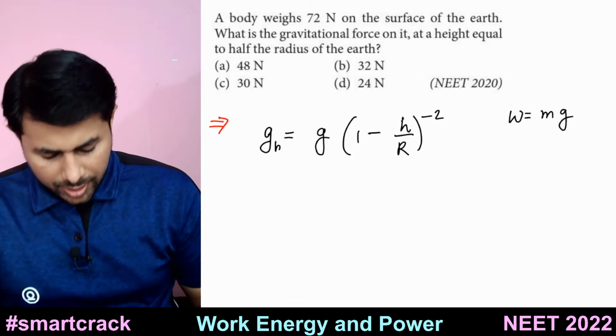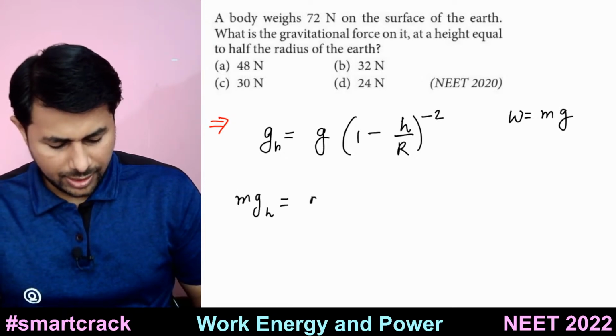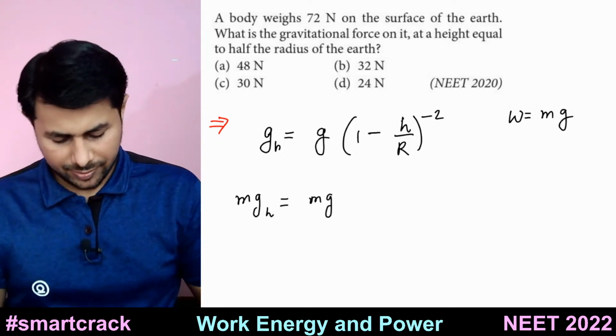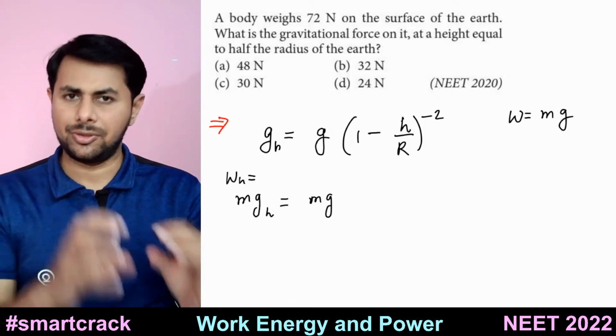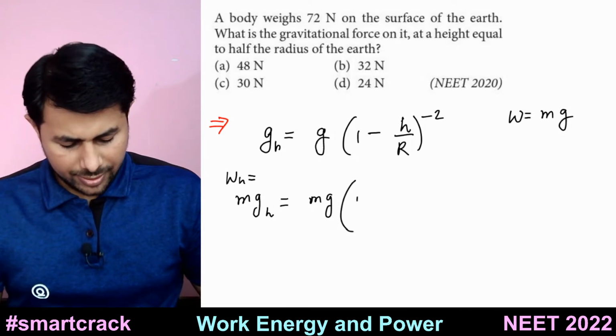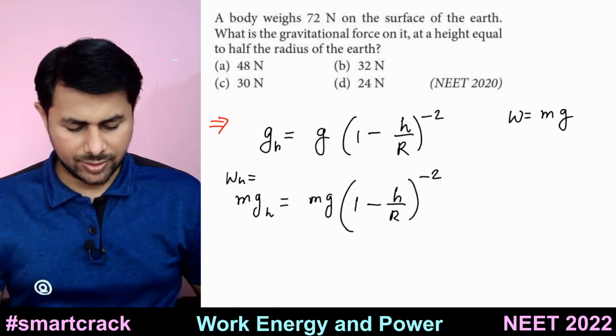So here we can multiply both equations with m. So we get weight at height h, which is m into g_h, equal to m into g multiplied by (1 minus h by R) raised to minus 2.